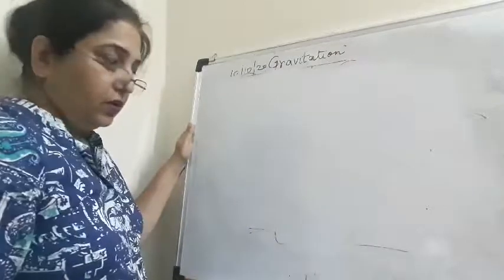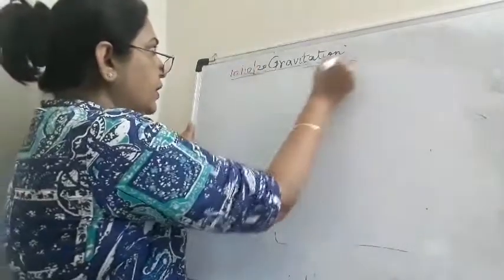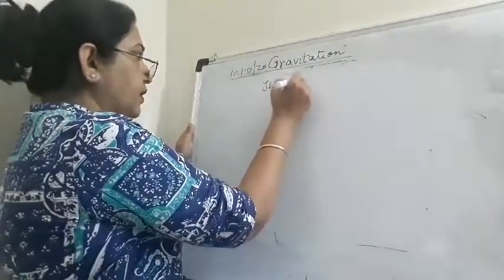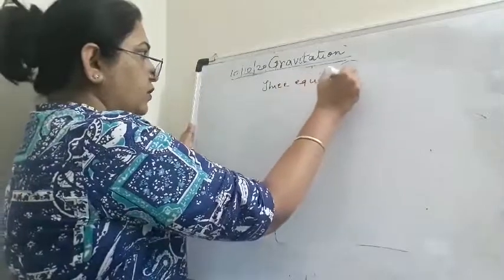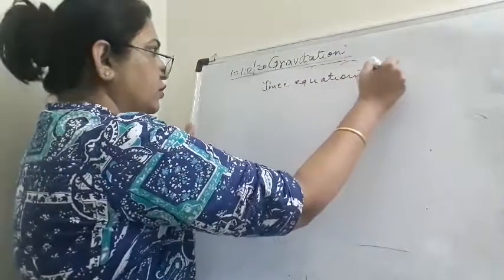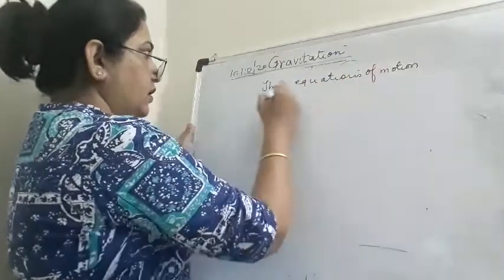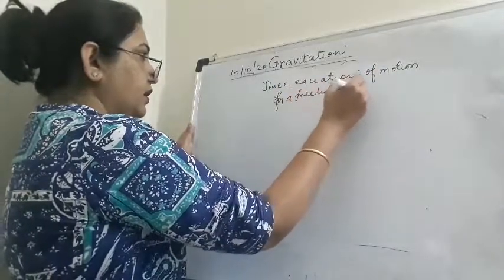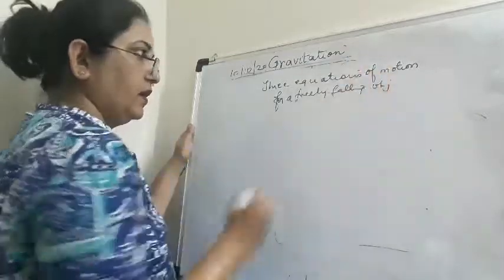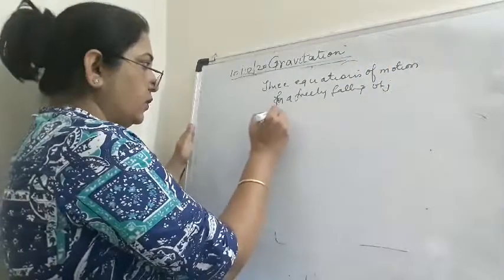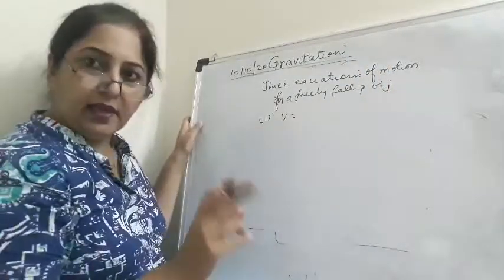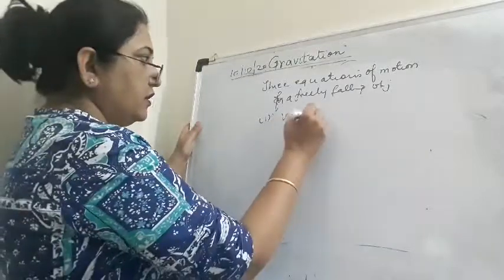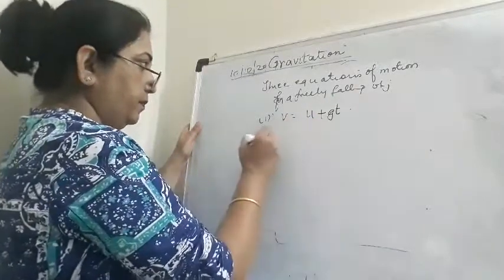So the three equations of motion, you can write now for a freely falling object. You know that the first equation is v is equal to u plus at. So I will write v is equal to u plus gt.